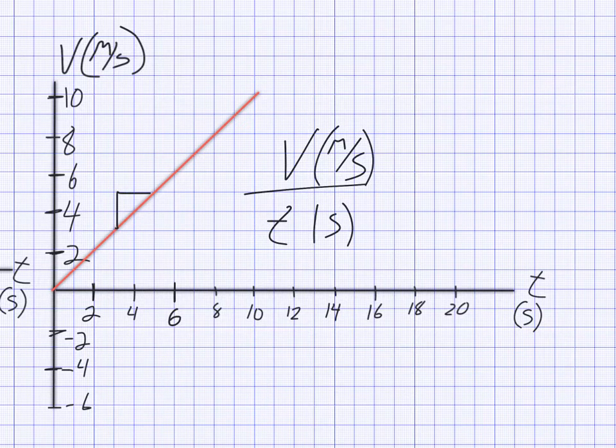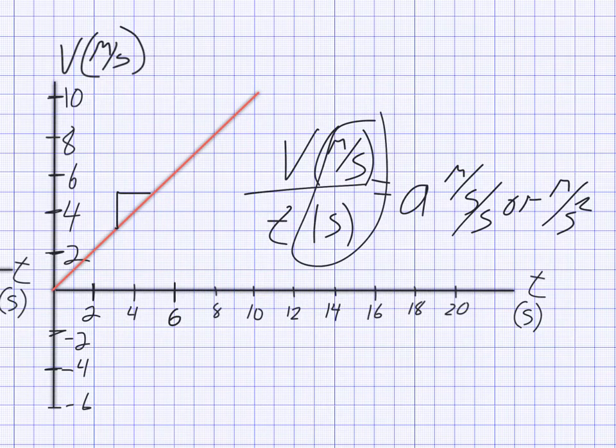Because those are the units. Well, what happens when we do velocity divided by time? We get an acceleration. And remember, acceleration's units are meters divided by seconds, or more appropriately, meters per second squared, right? And that's all that this is showing you there.